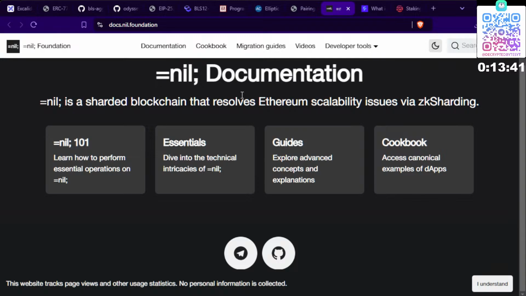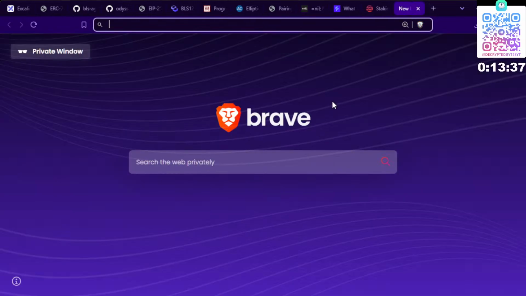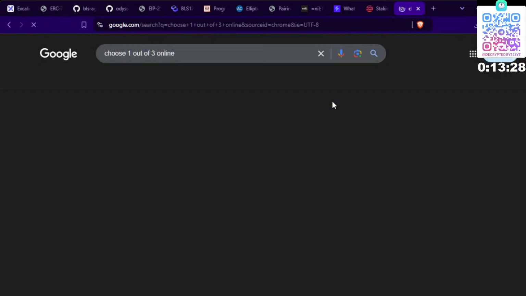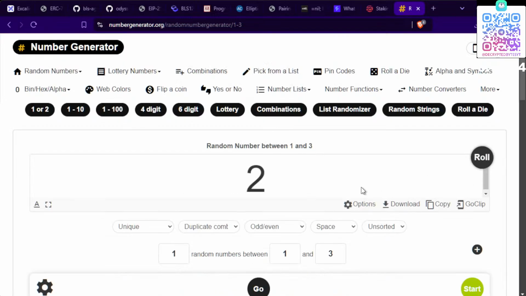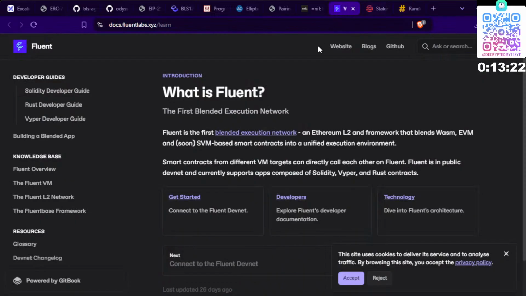Whatever we want to do, I'll just do a coin toss, or choose one out of three. Random number generator, 1 to 3.